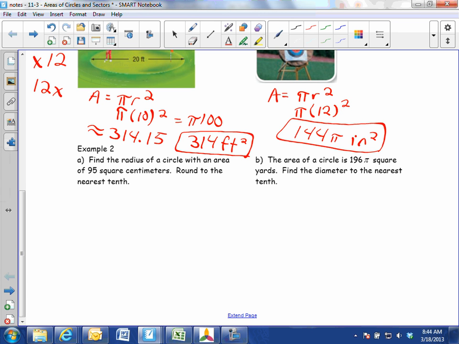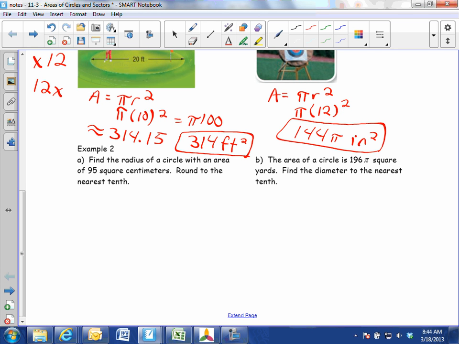Otherwise, x would be undefined. Does that help? Kind of. Yes, we treat pi like a variable, but pi is actually a number, 3.14159 and so on. Just like e, when you get into logarithms. e is 2.71 something, but we usually use e as a symbol, like pi. Okay, all right, anyway, let's go over this.